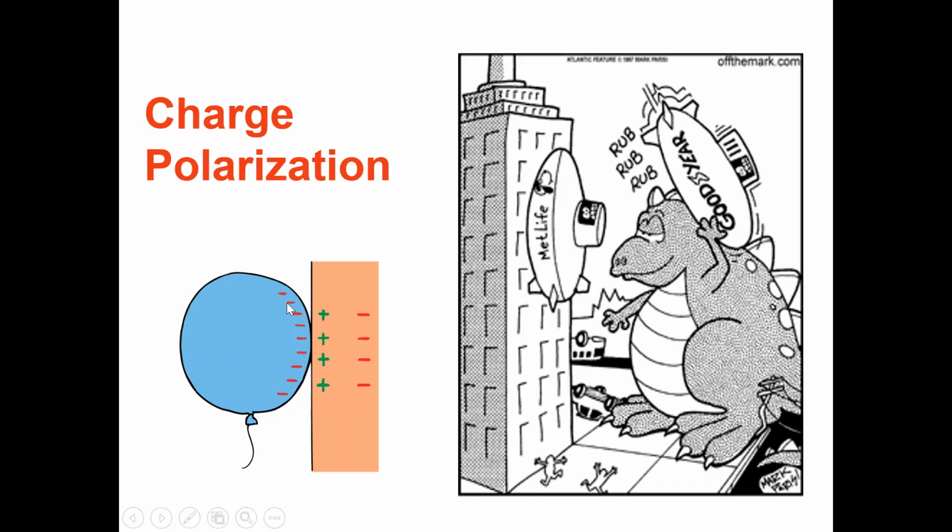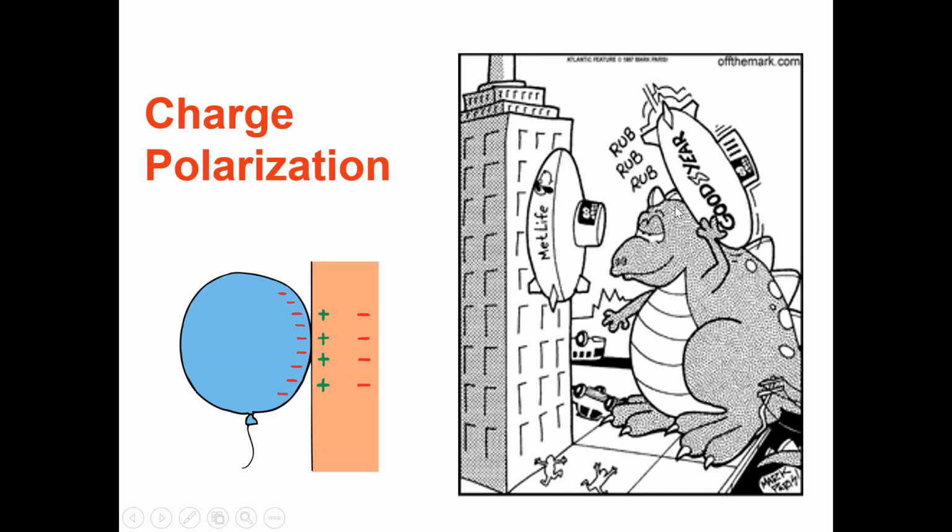The reason this happens is this balloon, if you rub it maybe against your hair, has a lot of negative charges, just like that fur, and those negative charges can be transferred to that balloon. You rub the balloon on your body or on your hair, and then you put it up to the wall and it will stick, because what happens is these positive charges move towards this side of the wall and the negatives move towards this side. And since these two are attracted to each other, they stick to each other.